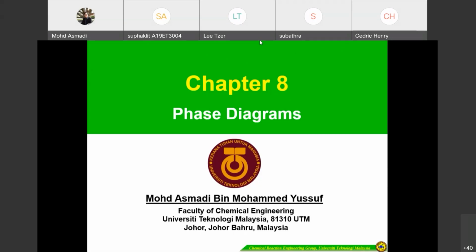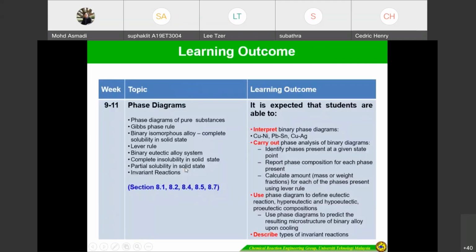I think you are familiar with the phase diagram with 100% solid solubility. I'm not sure about mass and energy balance, but I think you have seen this diagram. What we're going to cover for this chapter is the phase diagram of the pure substance, which has liquid, solid, and liquid-solid. We're not considering the gas phase.